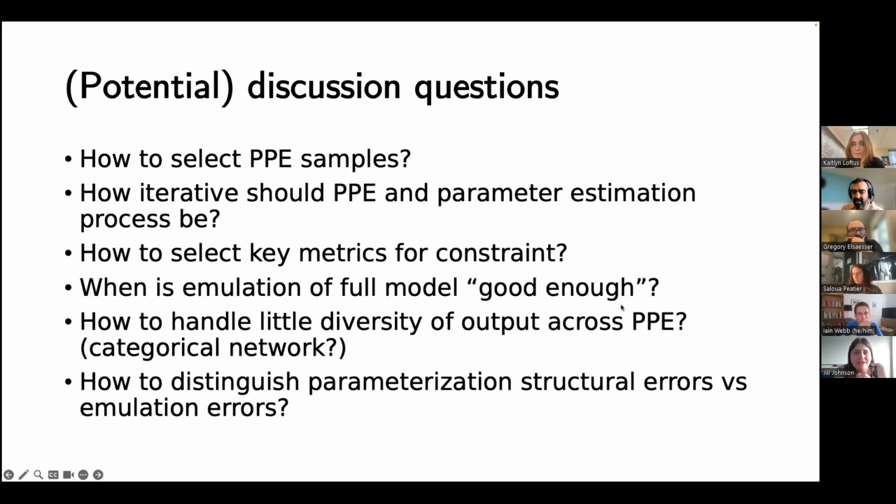Yeah, I was just wanting to say that it depends on what sort of emulator you build as to how many points you need. A lot of the work that Leighton and I and our group do has been with a Gaussian process structure, and with that there's inverting of high dimensional matrices. If you've got too many points, that matrix just isn't going to invert and you'll get mathematical issues.